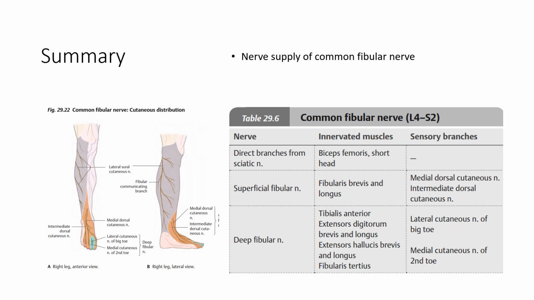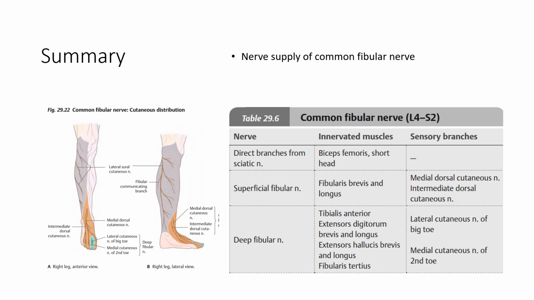Now don't confuse between fibular and peroneal. They are one and the same. If I say common fibular nerve, it is the same thing, and if I say the common peroneal nerve, it is also the same thing.